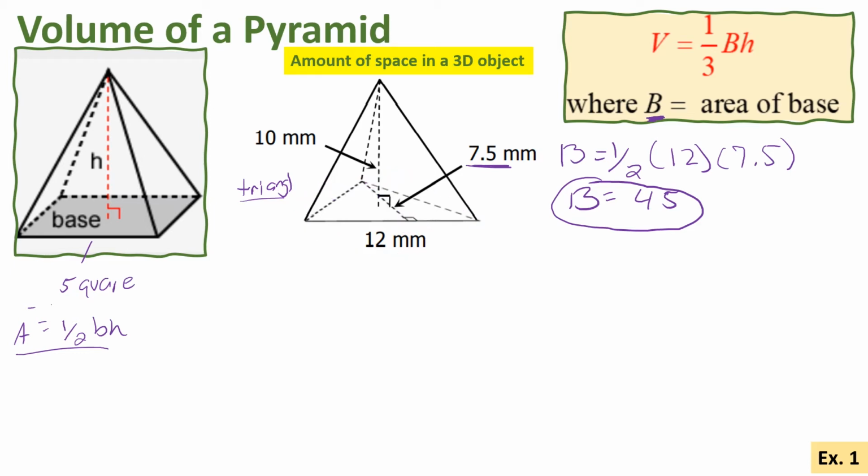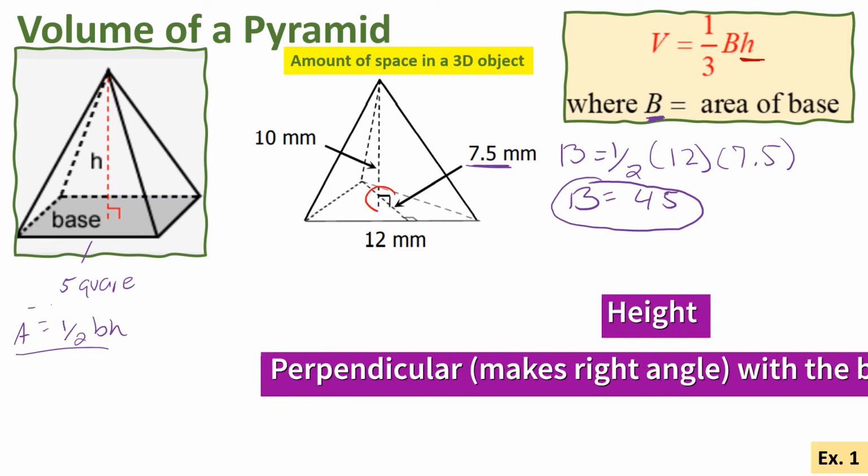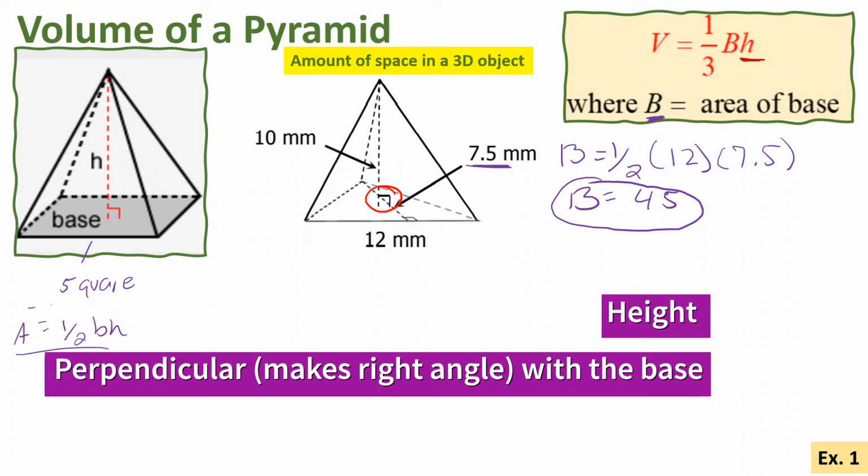Okay, so I found the area of the base, and the height, this H here, is for the height of the actual pyramid. The height again is perpendicular to the base, and the base of this pyramid is a triangle, so the height would be perpendicular to that, or it makes a right angle. So right here, the height of this pyramid is 10. Now I'm going to plug it in.